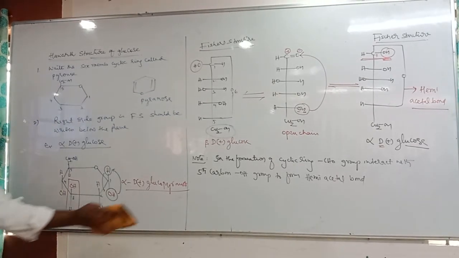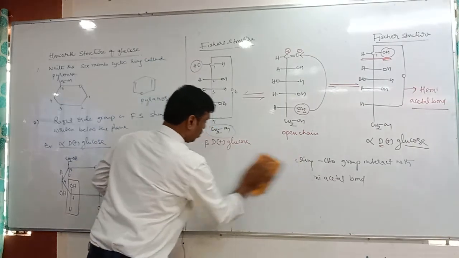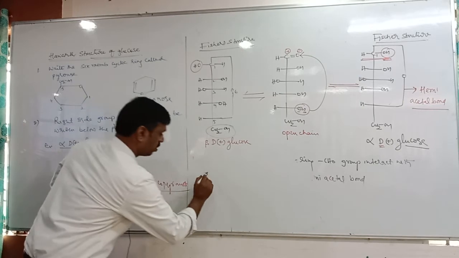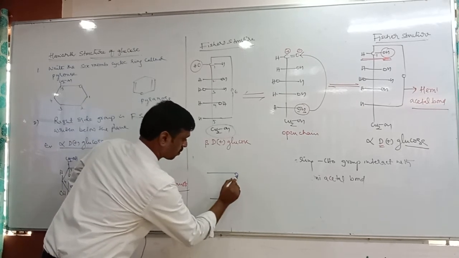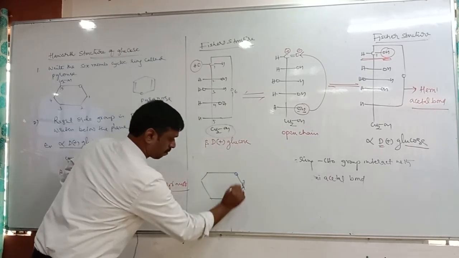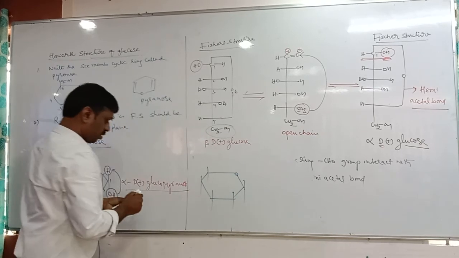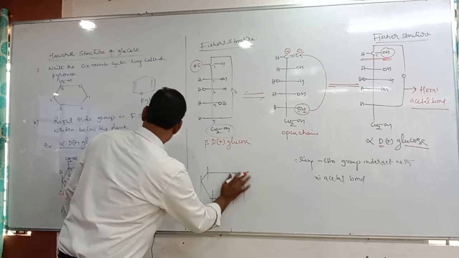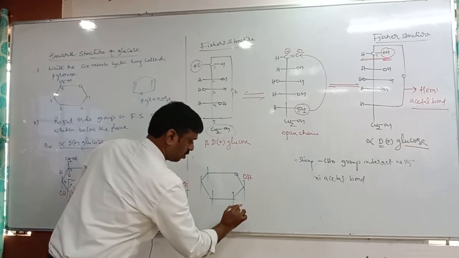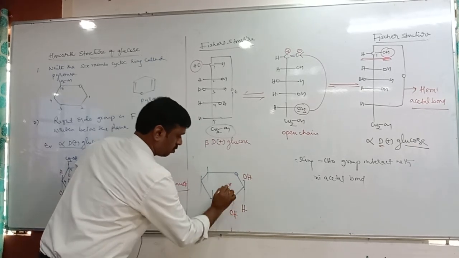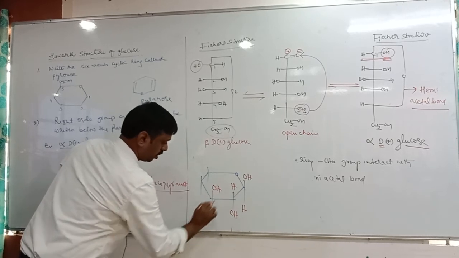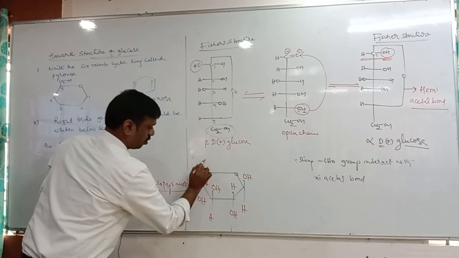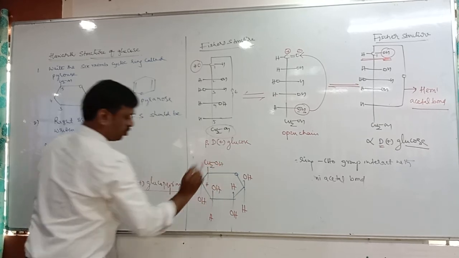So the beta form is just similar to the alpha form. The difference is only in the first carbon OH. The first carbon OH is above for beta, then 2 below, above, below, above, CH2OH.